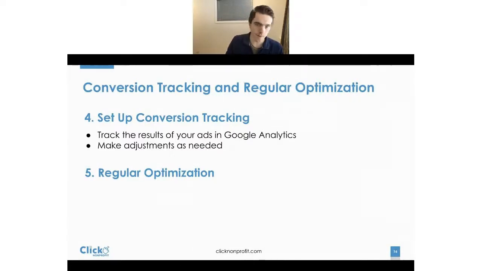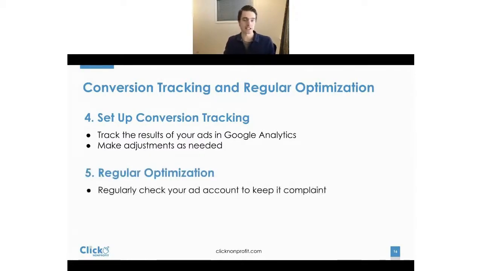Next is regular optimization, and this is the last step. It's so important for you to regularly optimize your Google Ads account. You can't just create the ads and then let them run. You need to be constantly optimizing those ads. So you want to regularly check your ad account to keep it compliant. This is the first thing. This is a big part of the Google Ad Grant: you want to keep it compliant with its compliance policies.